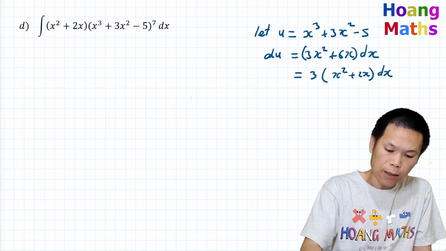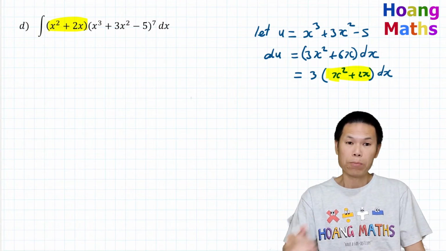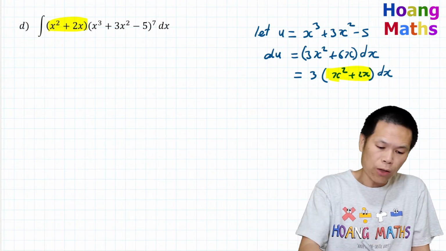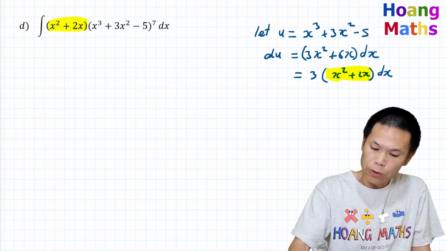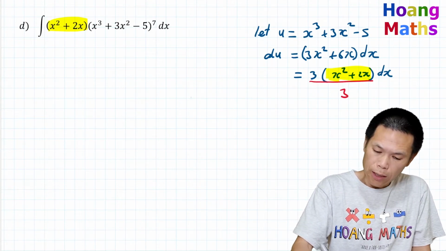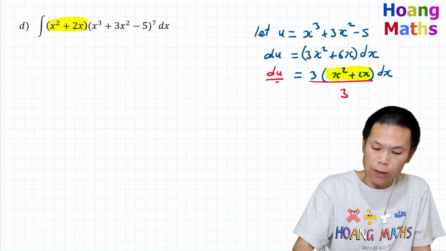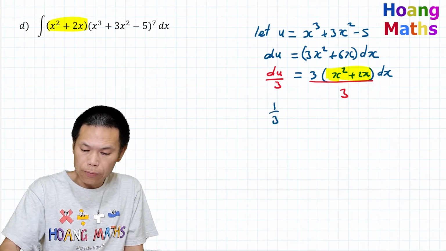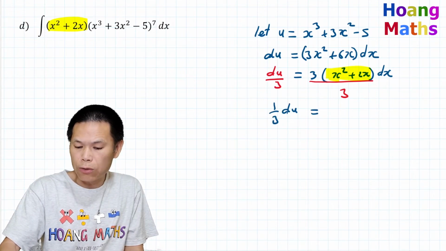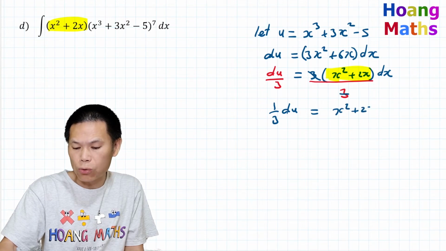So they are equal. But then I divide by 3 on both sides. If I divide this by 3, that means I divide this by 3, and this du is divided by 3. In other words, a third du is equal to, that cancels out, x squared plus 2x dx.